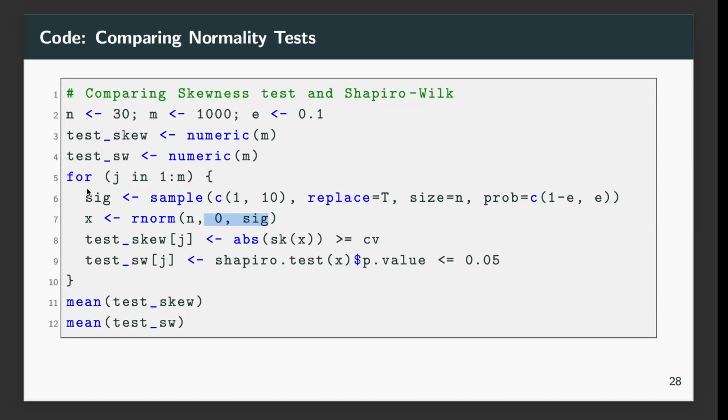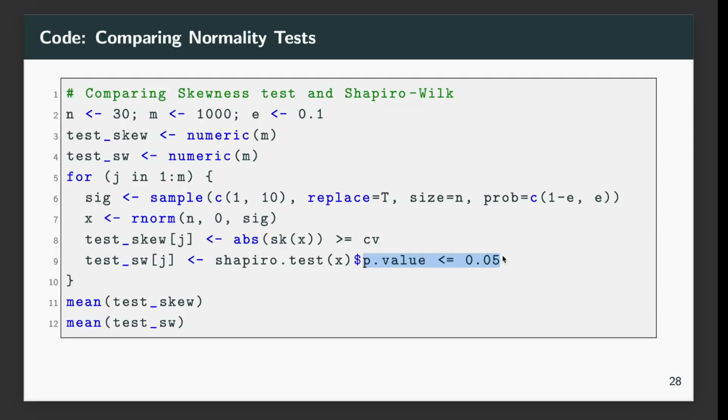Then we compute the test for the skewness, and we also use this command, shapiro.test of x, and extract the p-value, checking whether the p-value is less than 0.05.